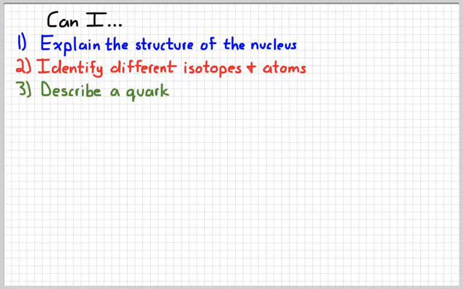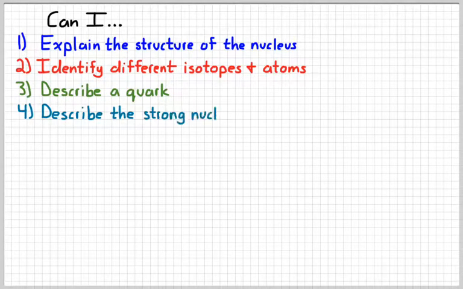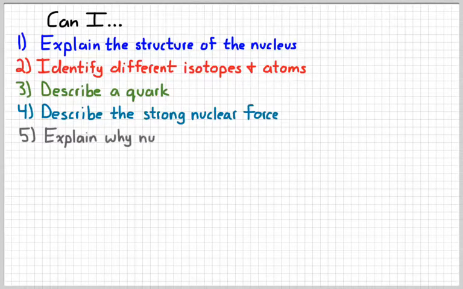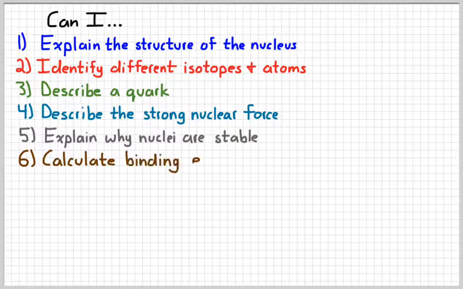It's got some fraction of the elementary charge as its charge. Can you describe the strong nuclear force? Short-ranged. Can you explain why nuclei are stable as a consequence of the strong nuclear force? And then lastly, can you calculate and explain the binding energy for a nucleus?